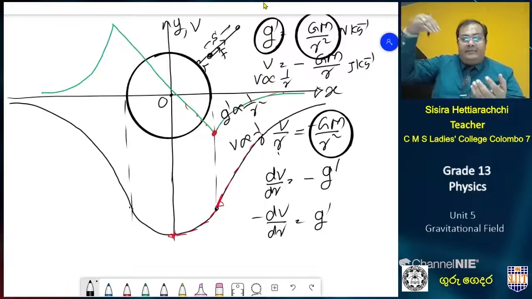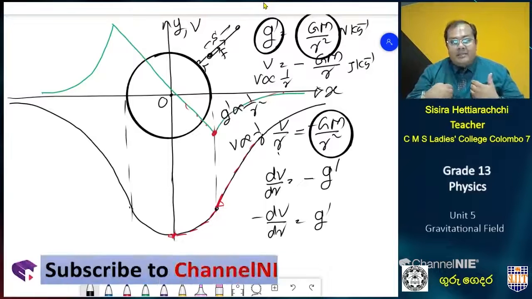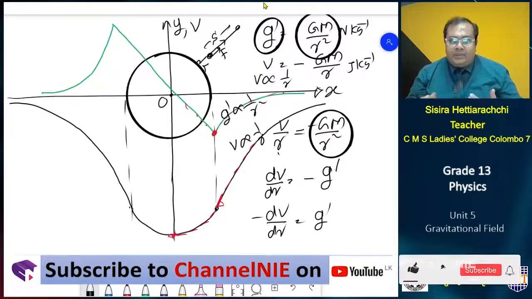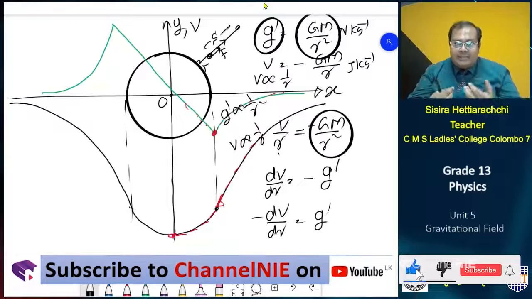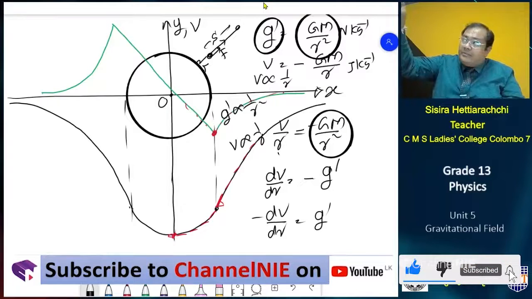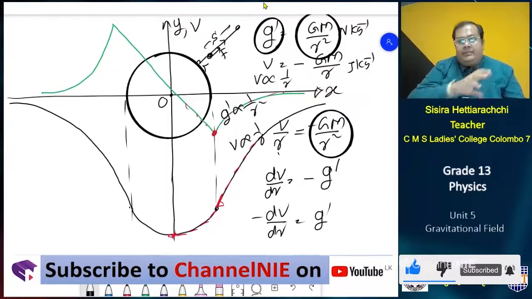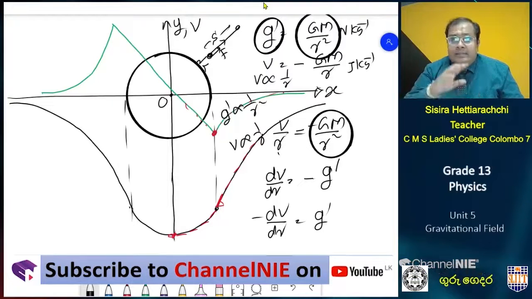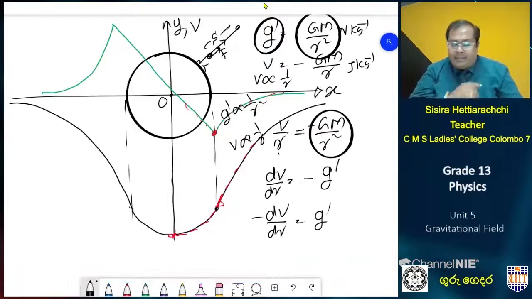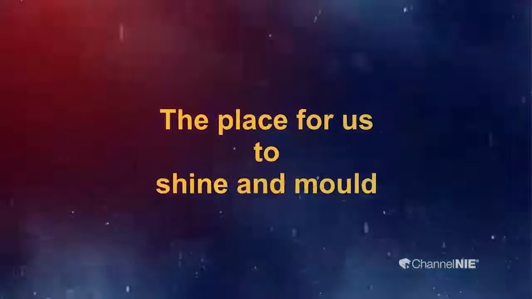Therefore, work done by the field is positive, work done by us is negative. That's why potential is negative. Work done by us when it is brought from infinity is considered negative. You can't remove this negative sign, never. Right? Okay. Now we can do small questions with potential. Thank you very much.